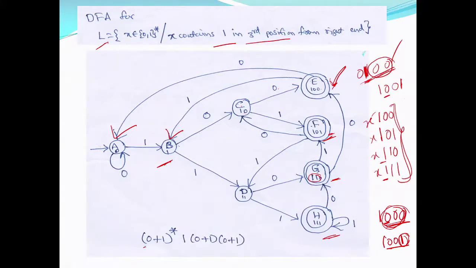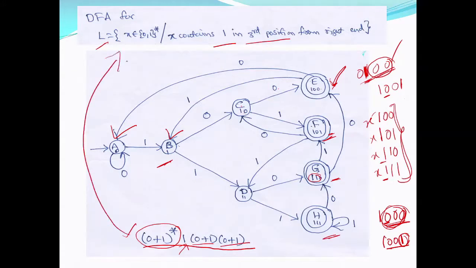Now, you can see the regular expression for this DFA. Any zeros and ones followed by, concatenated with, 1, then 0 or 1, 0 or 1. So, this is the regular expression for this DFA, or in fact I will say for this language. You can observe the number of states in this DFA: 4 to 6 plus 1, 7 plus 1, 8.